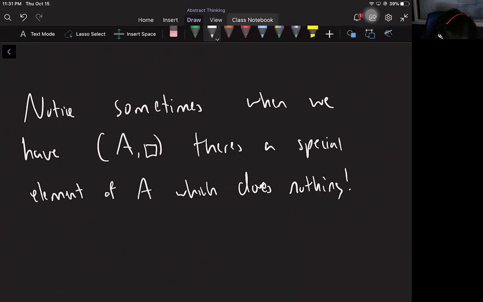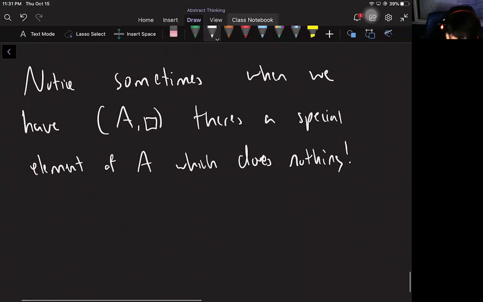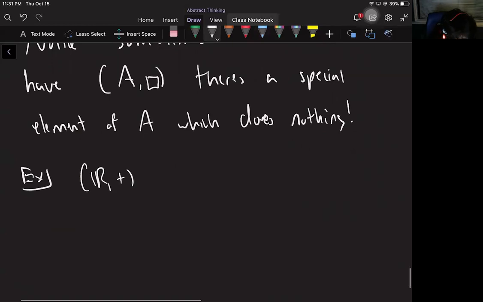So I'll have to give you some examples to show you what this means by do nothing. So for example, the real numbers together with the operation plus, what's the special element that does nothing? It's 0.